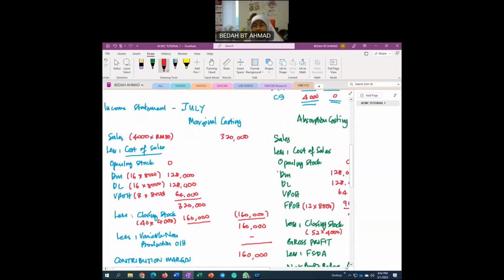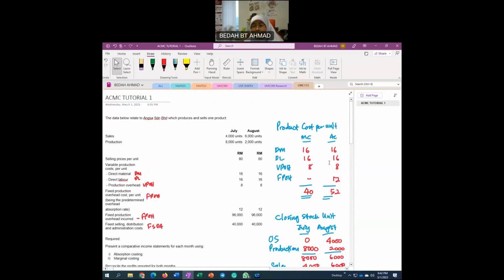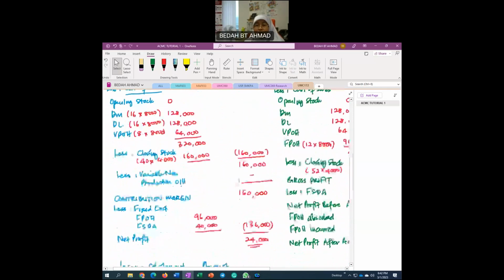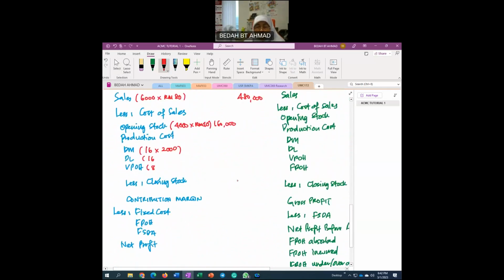Okay, let me check. Yes, production unit is 2,000. You can calculate one by one like this, or you can calculate in total, 40 multiplied by 2,000. That is possible. So 80,000.